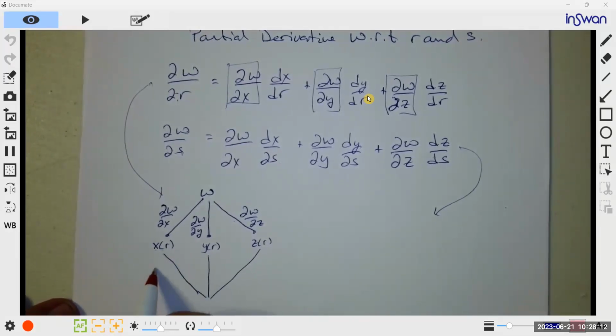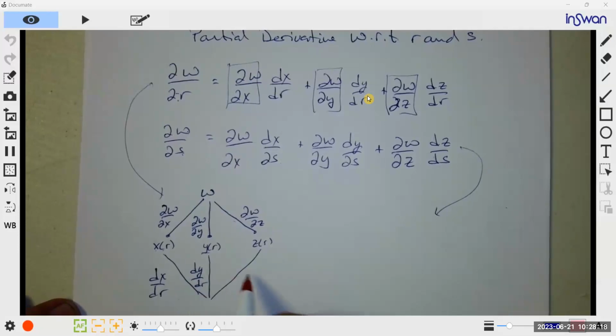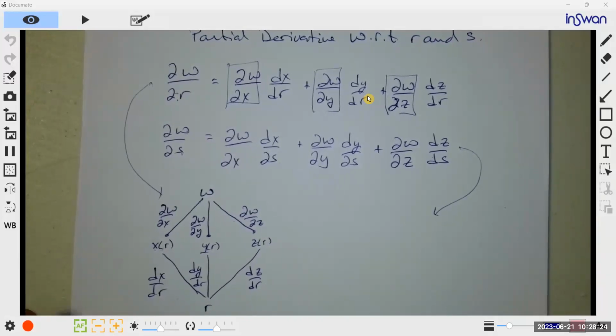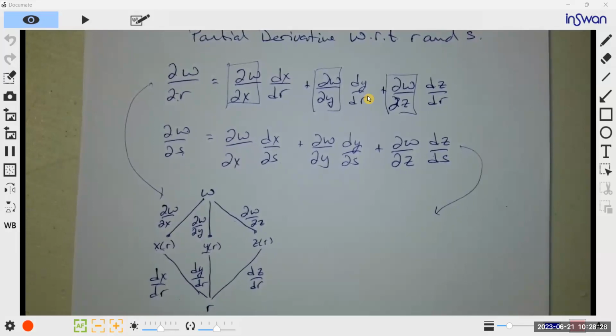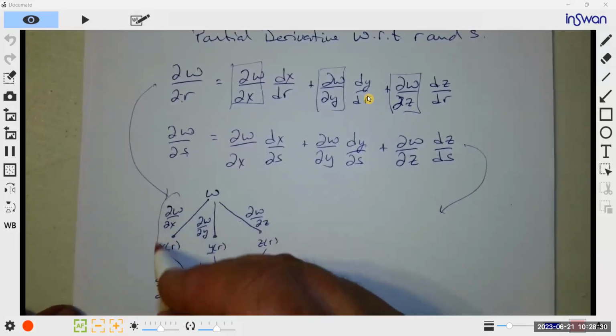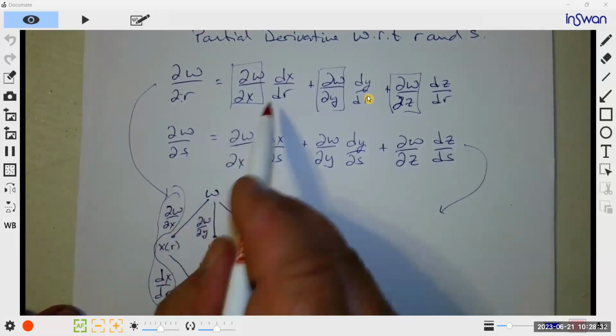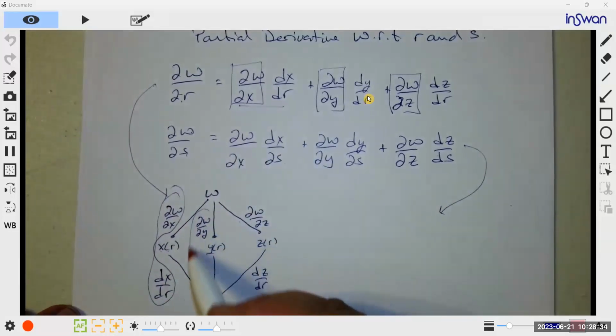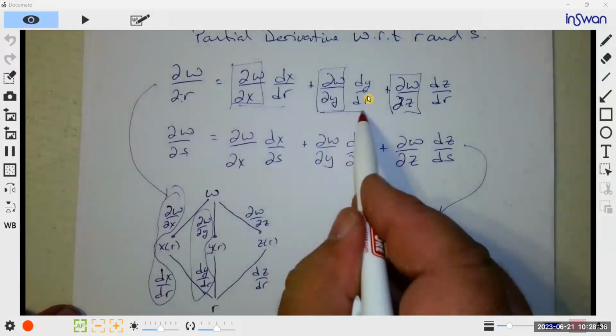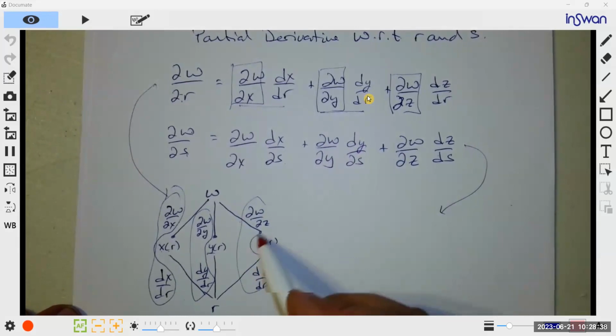Now we take a derivative of X with respect to R, a derivative of Y with respect to R, and a derivative of Z with respect to R. That gives us our only variable left in our function, which will be R. Again, this times this, that's the first one. This times this, that's the second one. This times this, that's the third one.